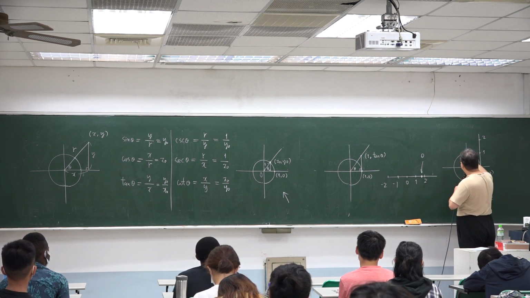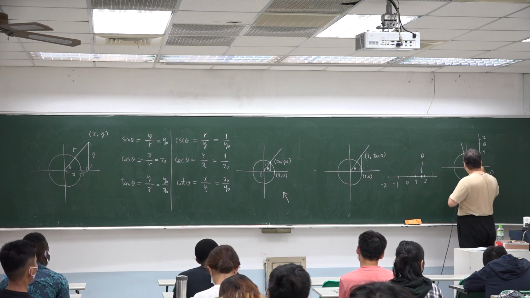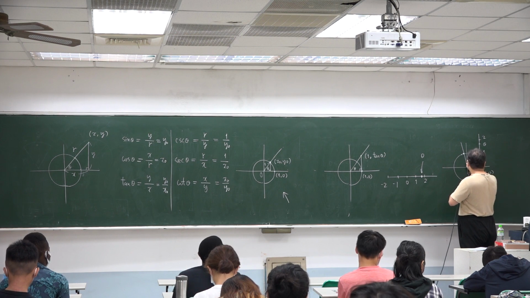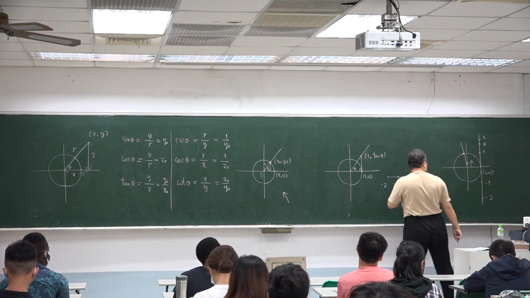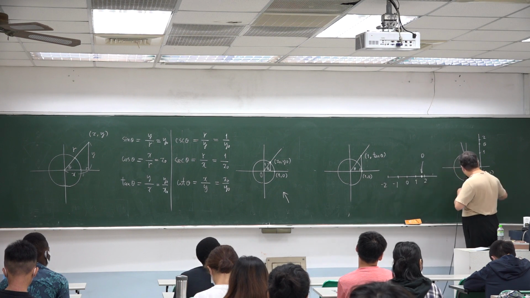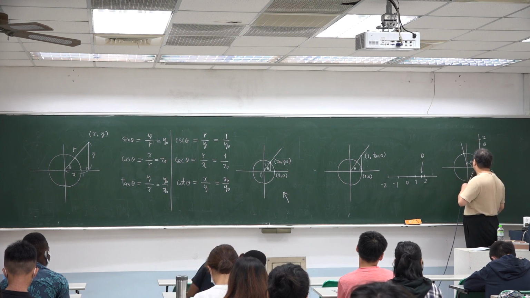Okay, here maybe this is theta, corresponding to this arc length. This length is theta. If theta is positive, we use a counterclockwise notation. If theta is negative, then we bend around this one, we have clockwise.